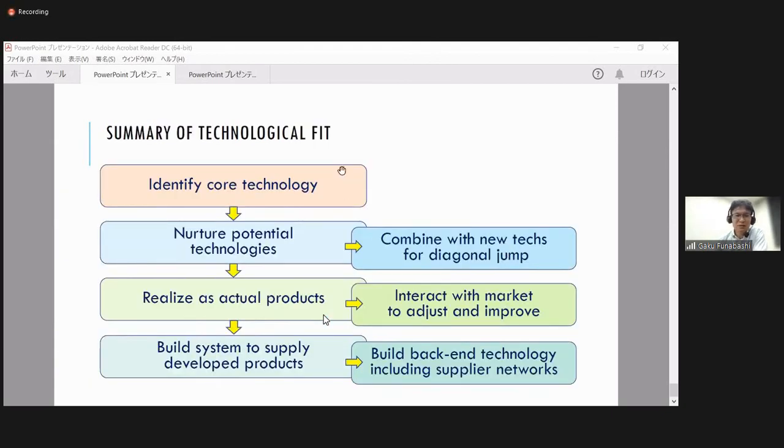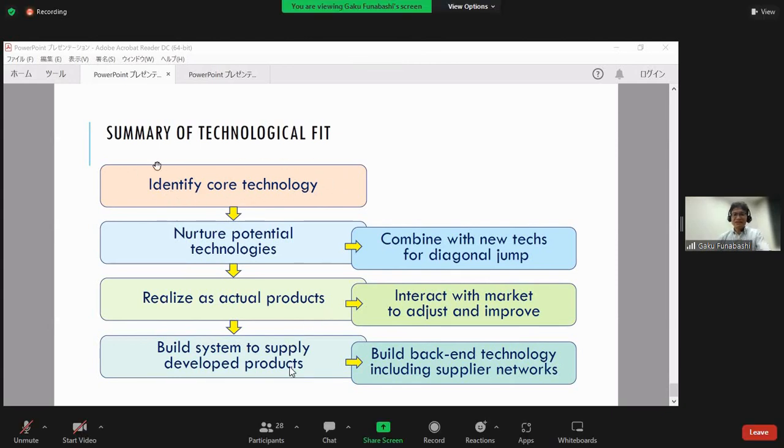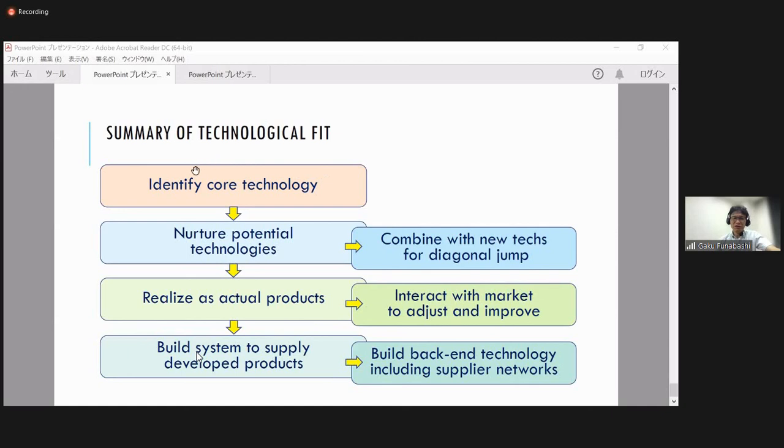And this is the last slide of this material. Today, first, I talked about the importance of identifying core technologies. You cannot just diversify the business to any areas. Think about what is core to your company, considering your past experiences, and identify core technology.